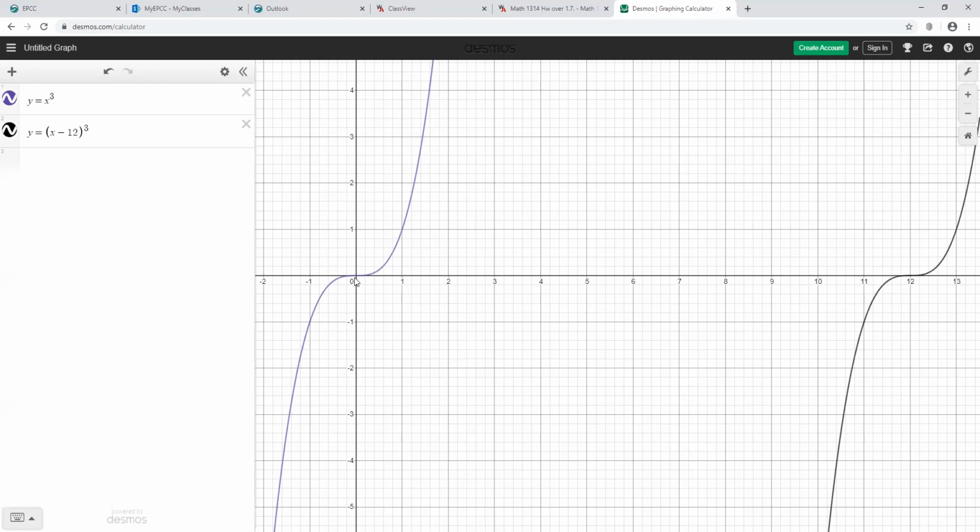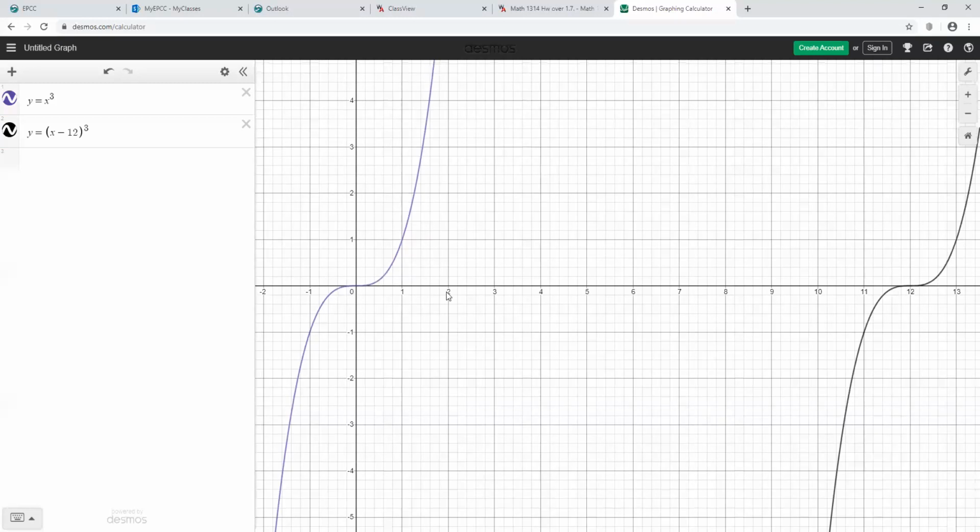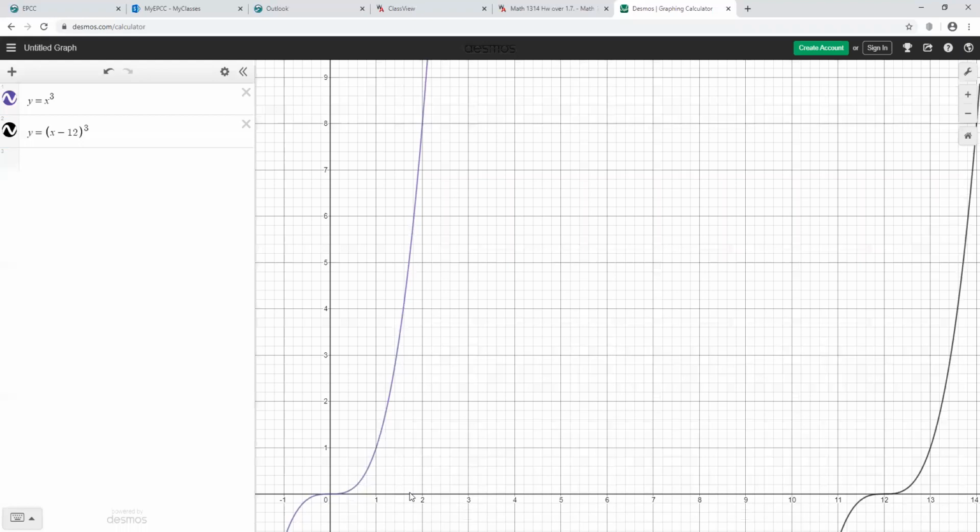If you look right here, if you go 1 unit over, and this is what we talked about on Monday, if you go 1 unit over on the cubic function and 1 unit up, you should be back on the graph. If you go 2 units over, you go up 8, because 2 cubed is 8, and you're back on the graph.